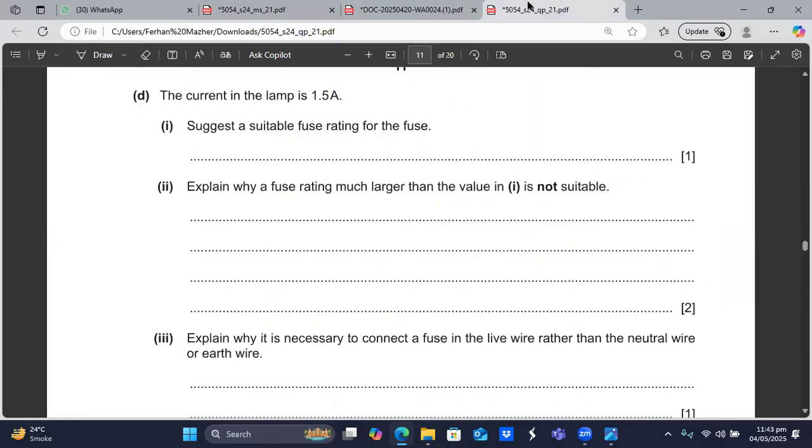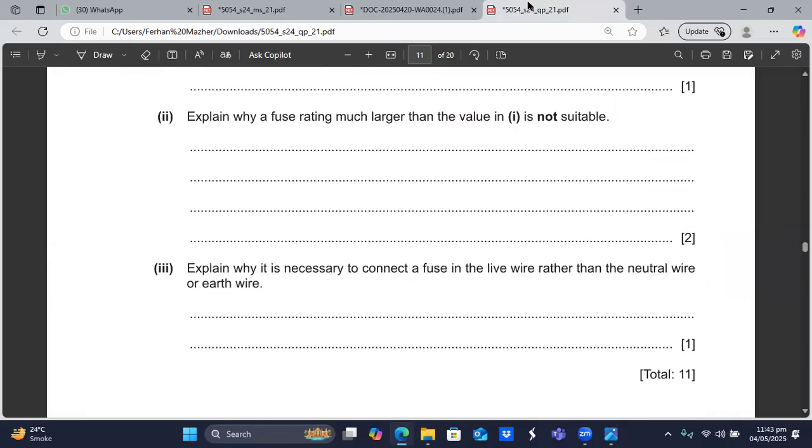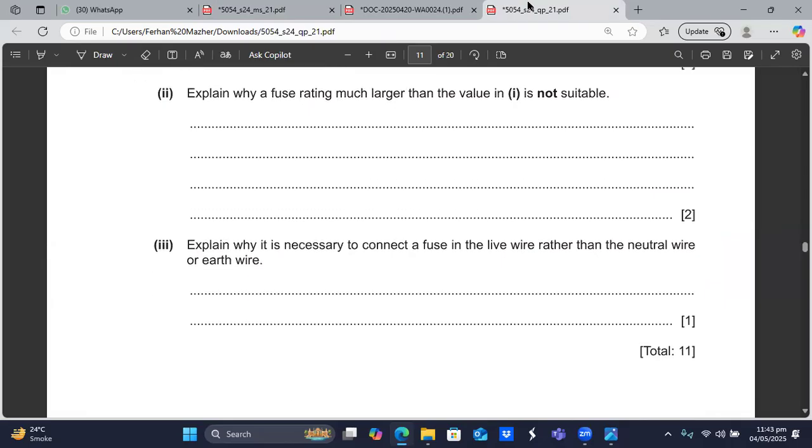So question number 5D, its second portion. Explain why a fuse rating much larger than the value in the first part is not suitable. If you use a fuse of a rating much higher than the current needed in the circuit, then if there is a short circuit and a surge of current going into that circuit, the fuse will not blow because its rating is higher.